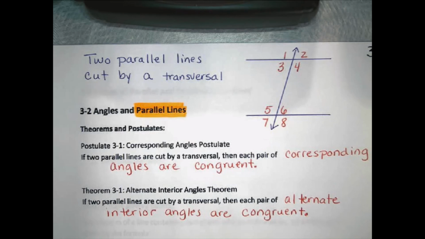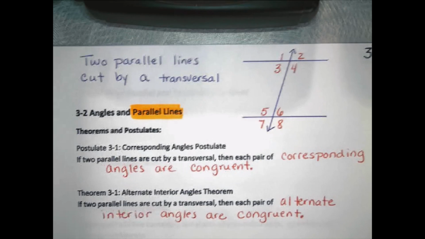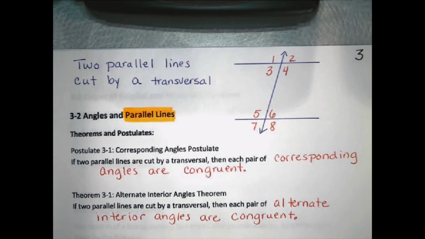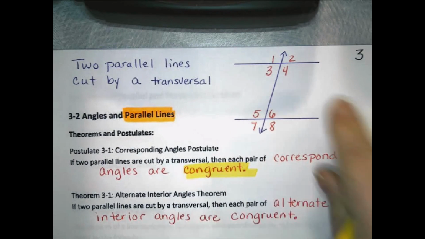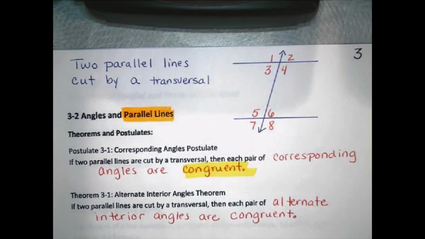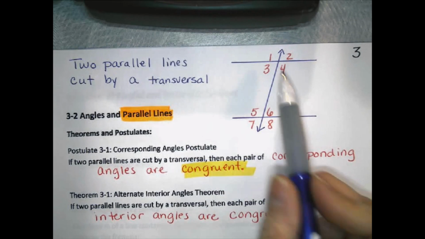The first one states that if two parallel lines are cut by a transversal, then each pair of corresponding angles are congruent. So you may recall from the example above here that our corresponding angles would be angles such as angle 1 and angle 5.